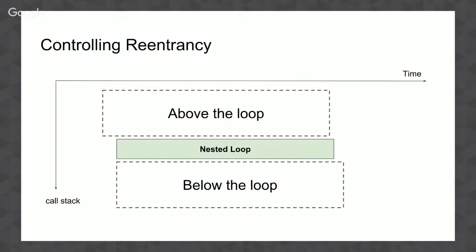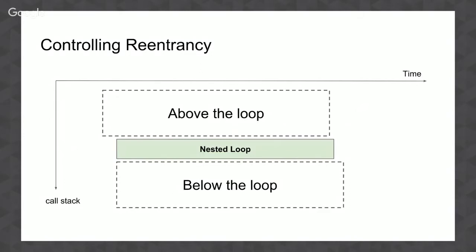Above the loop is the call stack that runs a nested loop, and below the loop stack is anything that is run in the nested loop.